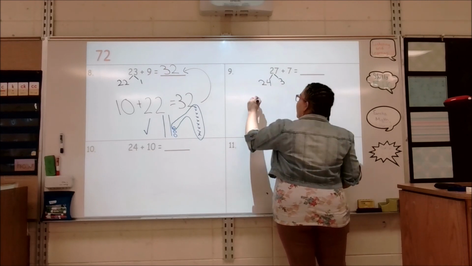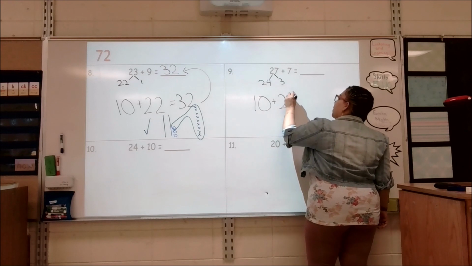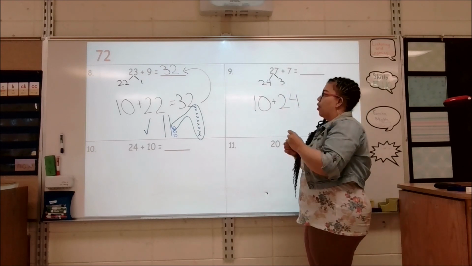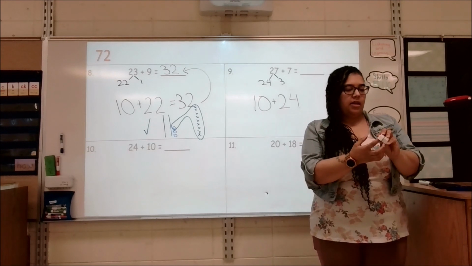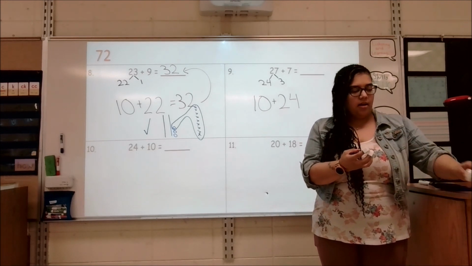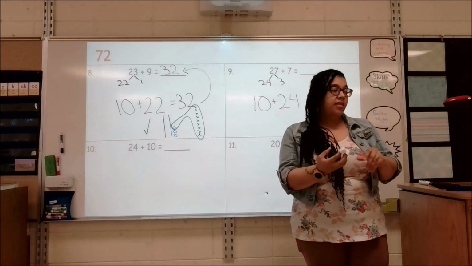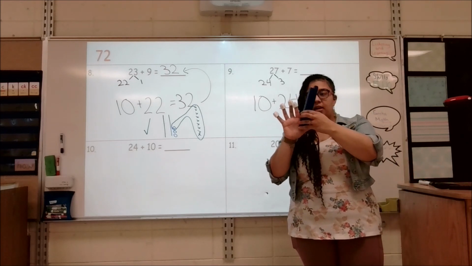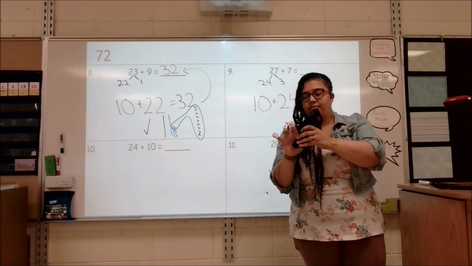Now I can add that 10 to the other pieces that were left. 10 and 24. The same thing we had here with 10 and 22. Look, it's the same thing. Instead of moving all the pieces around and putting the 7 and the 7 and the 2 10s, what I said is 24. Ooh, please don't fall.